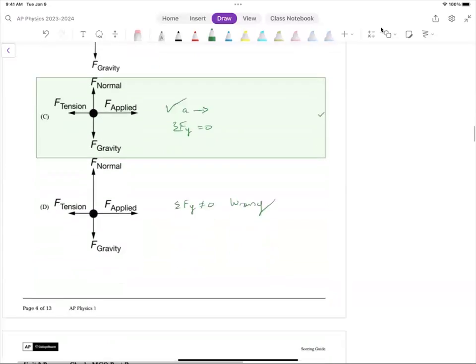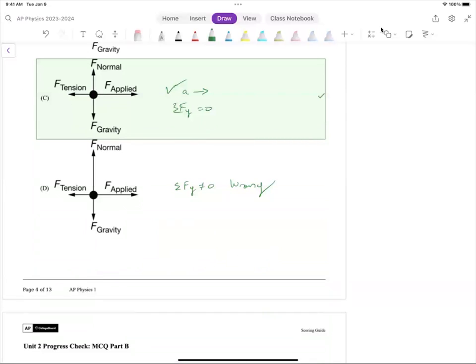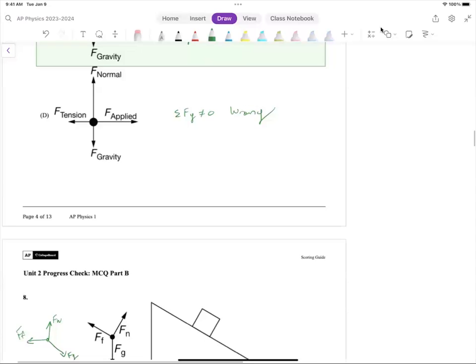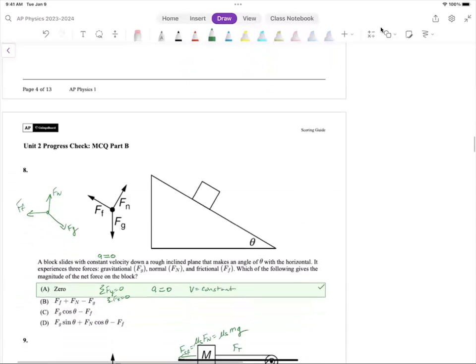So it's correct. D, the applied force is correctly drawn relative to tension. However, force normal is greater than force of gravity, and that's not correct because then I'd be accelerating upwards. So that explains why C is correct, A, B, and D are incorrect.